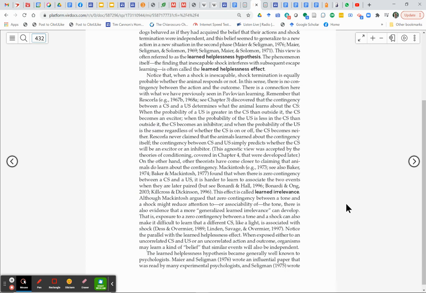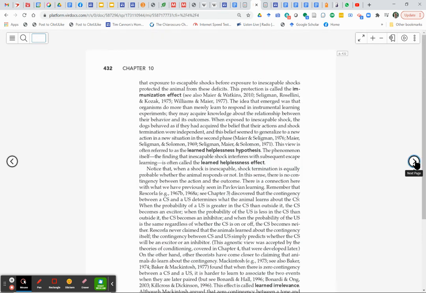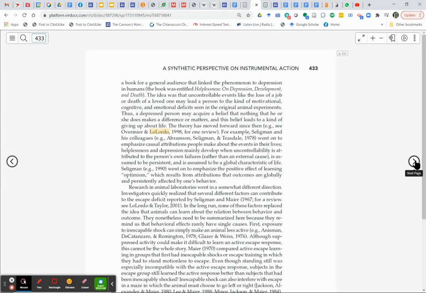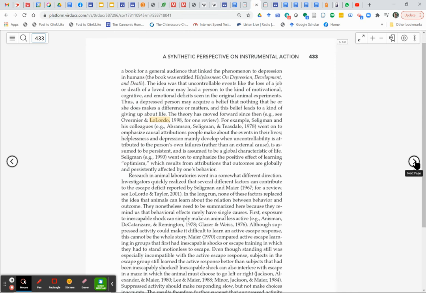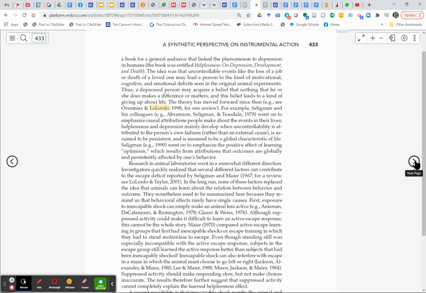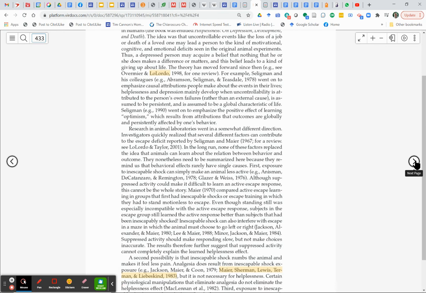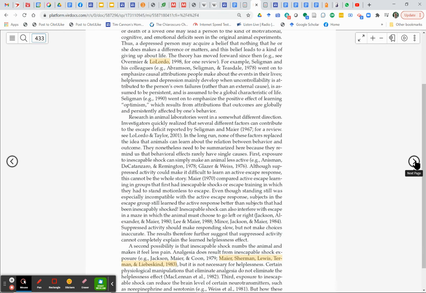And this is thought to be potentially important for depression in humans. And I'm trying to see my people, but there's an article in here, there we go: Sherman, Mayer, Sherman, Lewis, Terman, and Liebeskind. And I worked with Sherman, Lewis, Terman, and Liebeskind, not Steve Mayer.